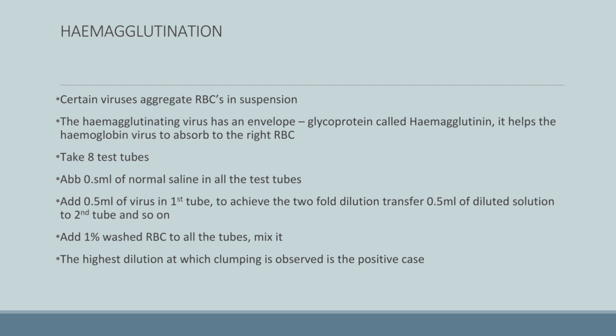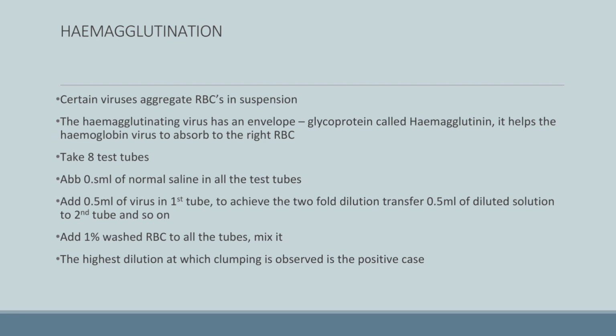In the absence of virus particles, RBCs settle at the bottom of the test tube, giving rise to a red dot in the test tube. In the presence of virus particles, RBCs clump together as a result of interaction between the protein in the virus particles and the RBC, leading to lattice formation. In this case, the RBCs are dispersed as clumps, so a red dot is not found.